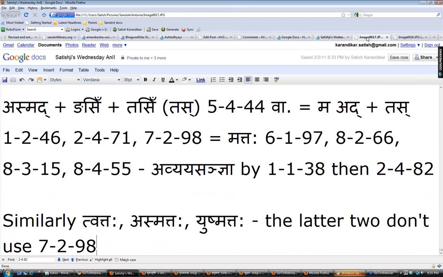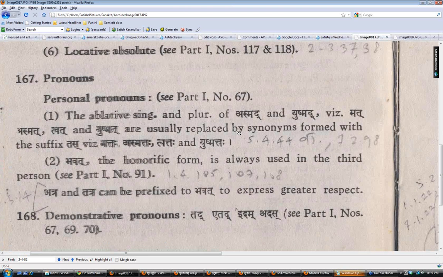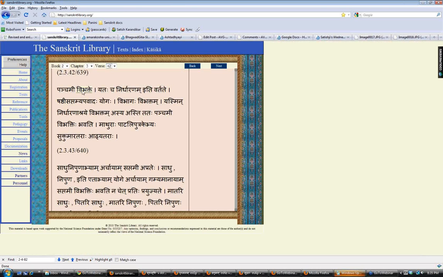So the ablative singular and plural of Asmat and Yushmat, which is Mat, and Asmat, Tvat and Yushmat, are usually replaced to avoid confusion with samasaha synonyms, because they are used in the Panchami. 5-4-44 is talking about Panchami Bhakti.